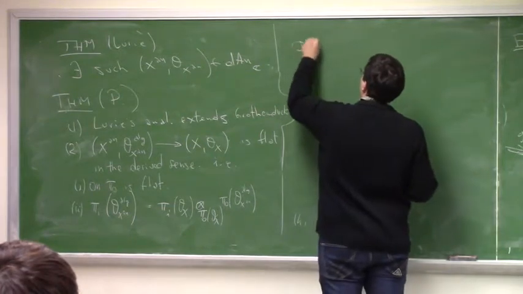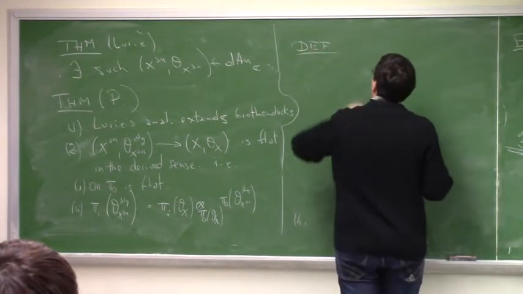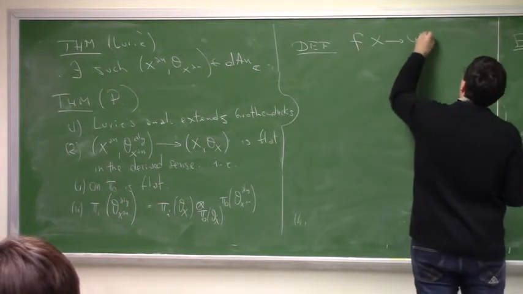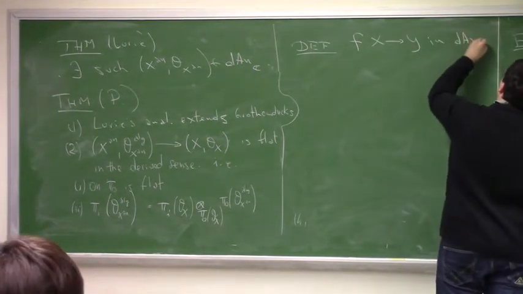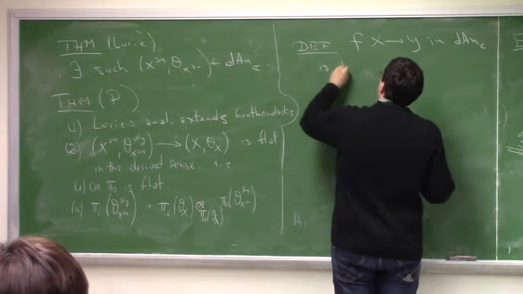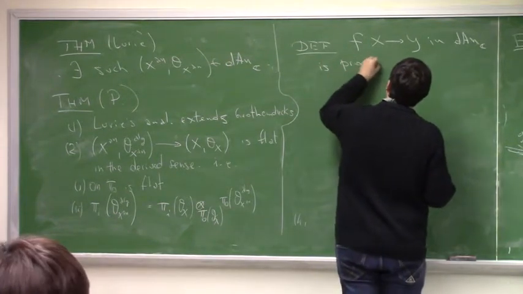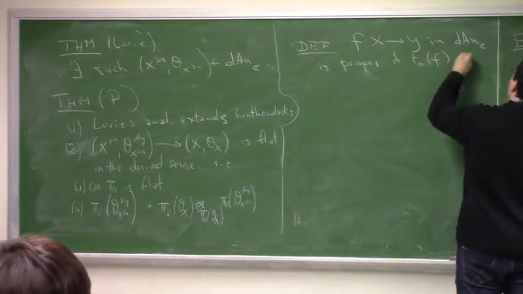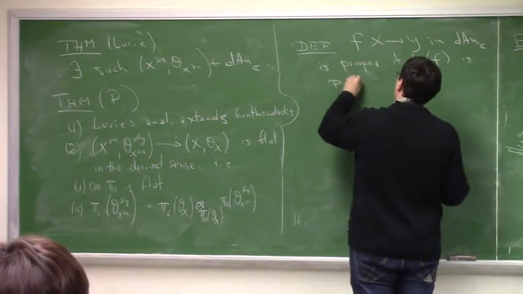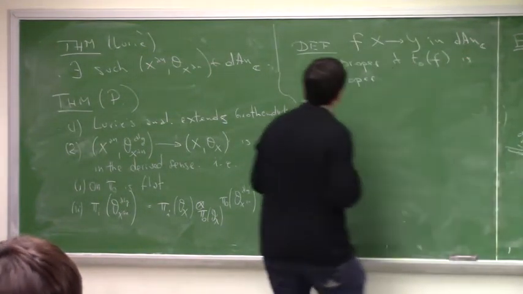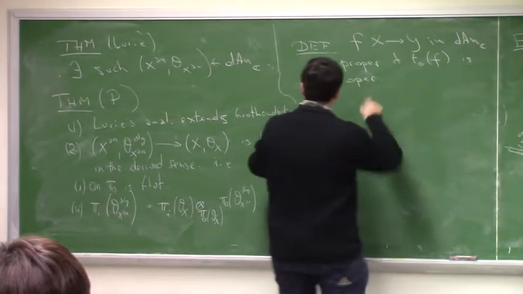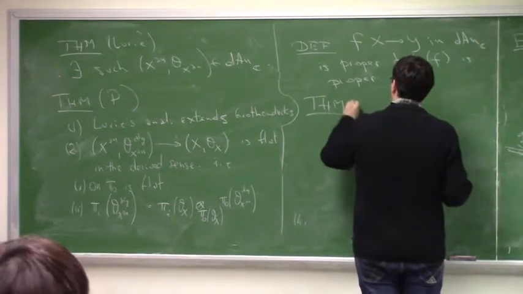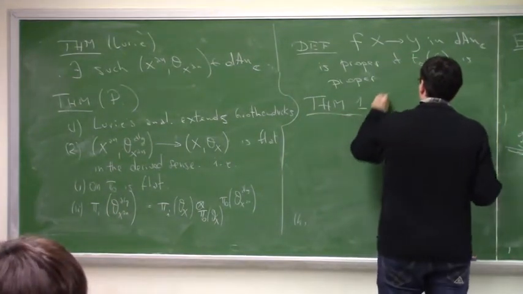Let me just give a definition. F from X to Y in derived analytic spaces is proper if the truncation of F is proper in the usual sense of complex analytic spaces. So using this definition, we have the following three theorems. Theorem 1 is Grauert.